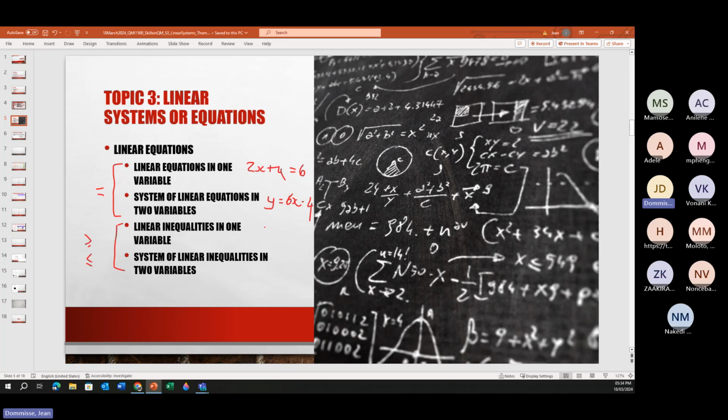So the only difference now is that the inequality will be something like 2x plus 4 bigger or equal to 6, and for two variables, y bigger or equal to 6x minus 4. That is the biggest difference between the linear equation and the linear inequalities.